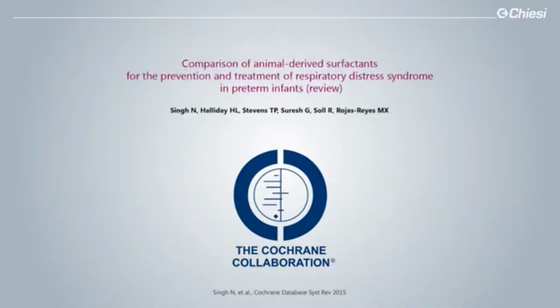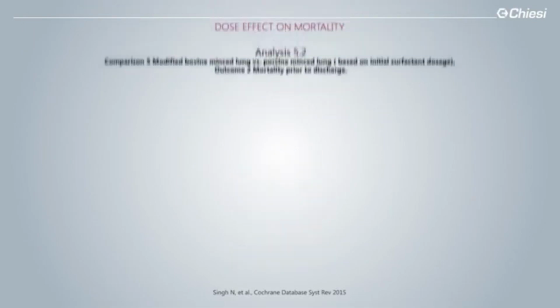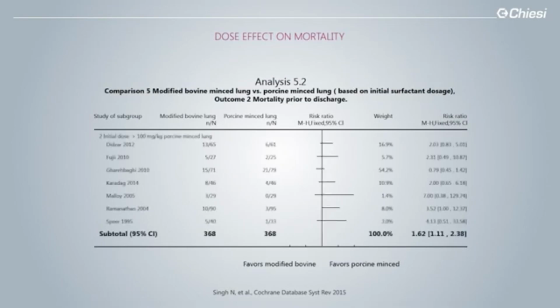The 2015 Cochrane meta-analysis compared porcine surfactant versus modified bovine surfactant, and the results reinforced the superiority of Curosurf as shown in the Sinn 2011 meta-analysis.